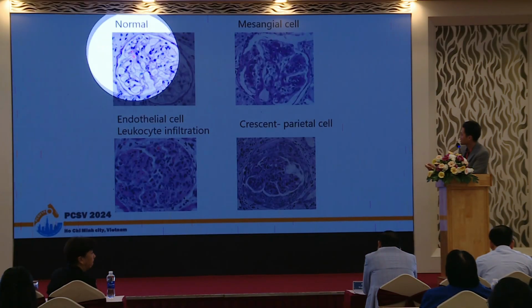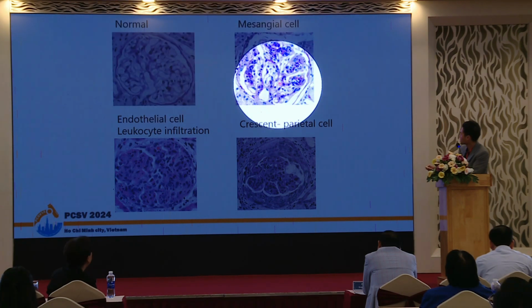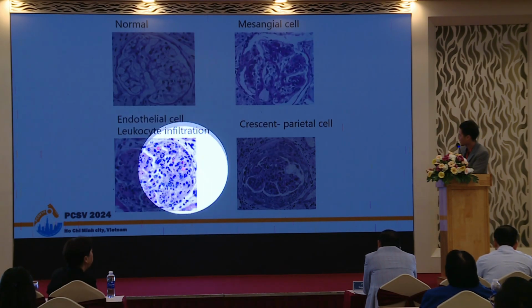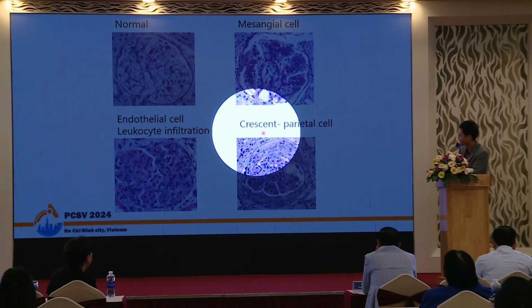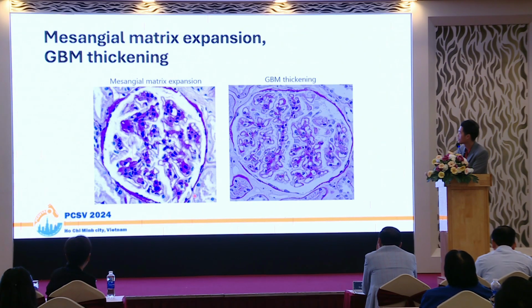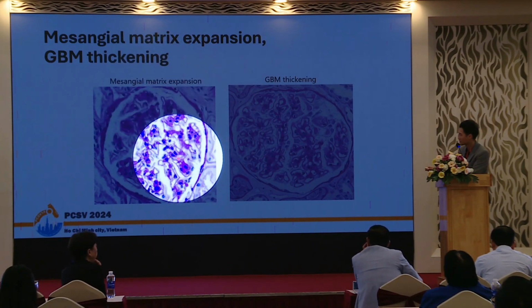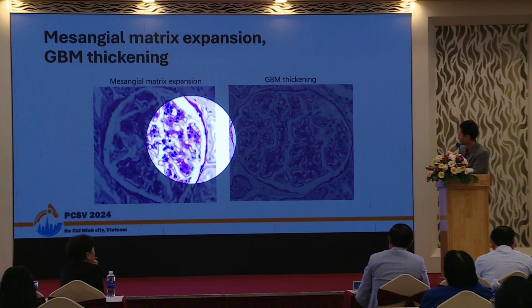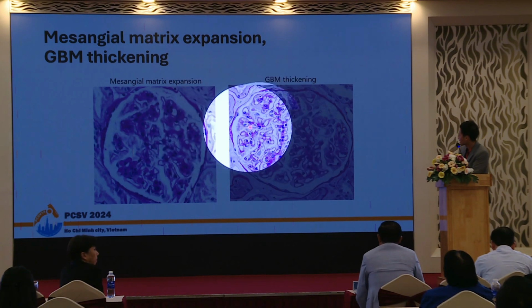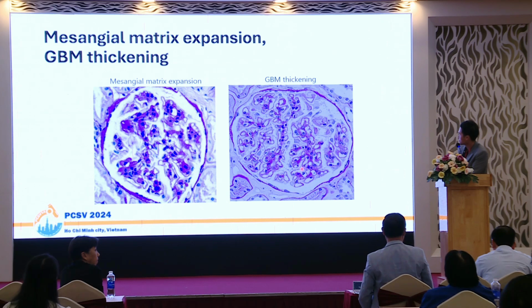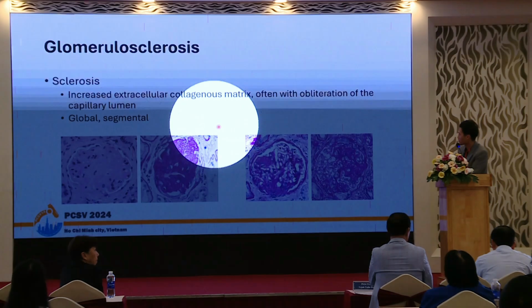So this is a normal glomerulus. This one shows mesangial cell hypercellularity, leukocyte infiltration, and crescent. It also can show mesangial expansion without definite hypercellularity. Here is GBM thickening or sclerosis.